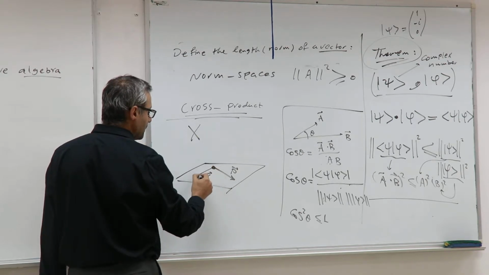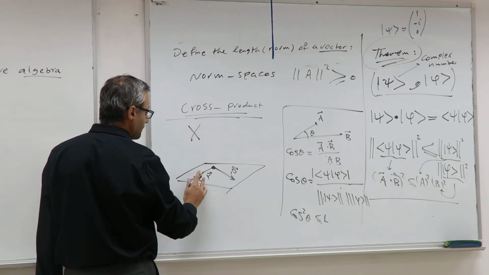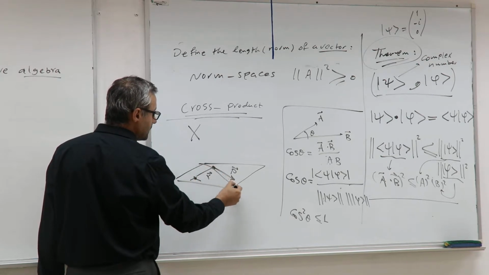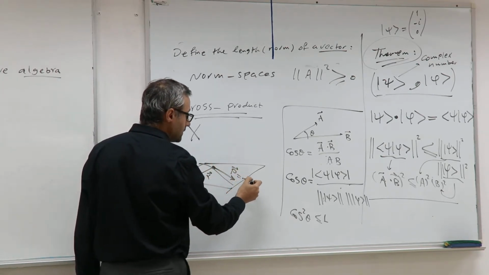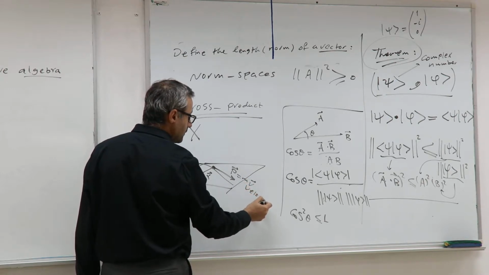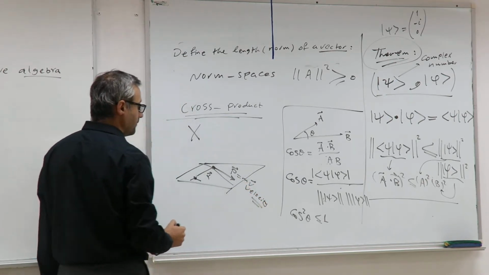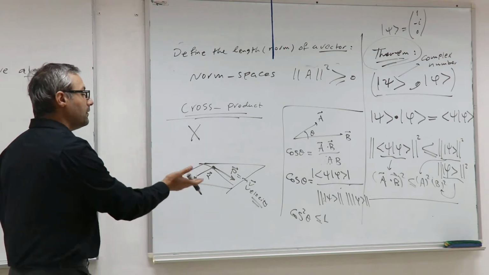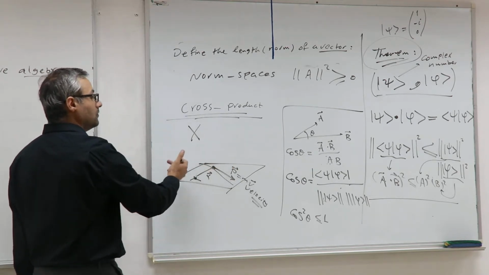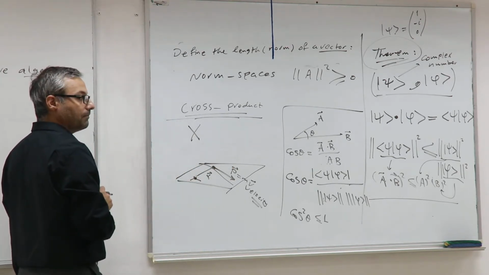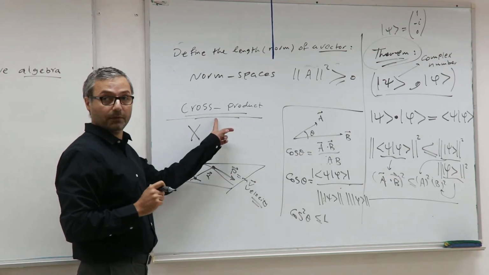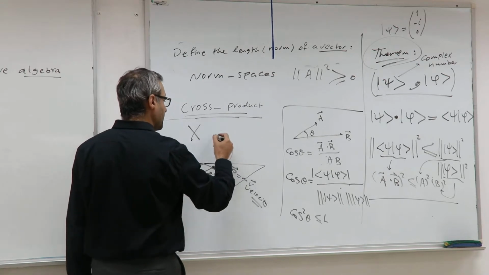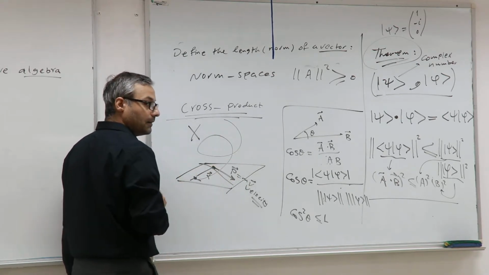This is the location of the particle, r, and this is the velocity vector or the momentum vector. And suddenly the particle started to escape from the plane. So you will get the particle here out of the plane.